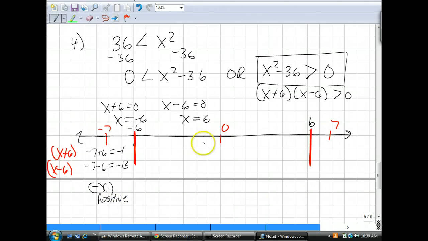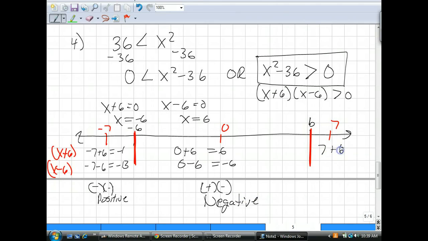Then I come to the next region, or interval. 0 plus 6 equals 6. 0 minus 6 equals -6. So I basically have a positive times a negative, and that's going to give me a negative value. And then I go to the last region and plug in any number from that interval. So here I'm going to end up with a positive times a positive, which gives me a positive value.